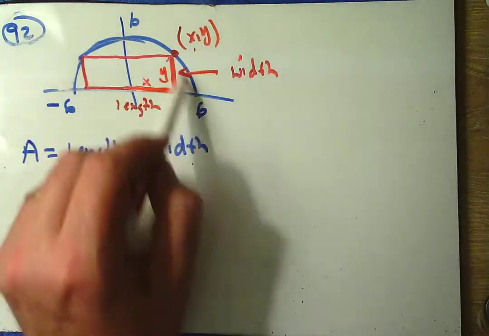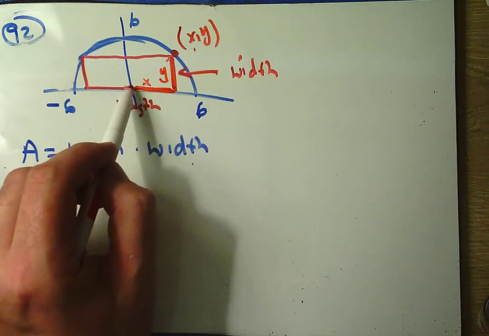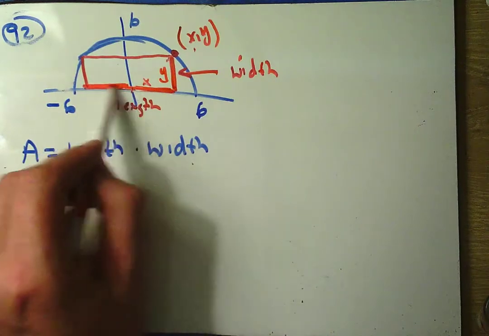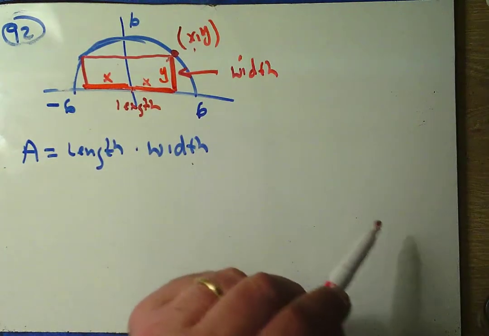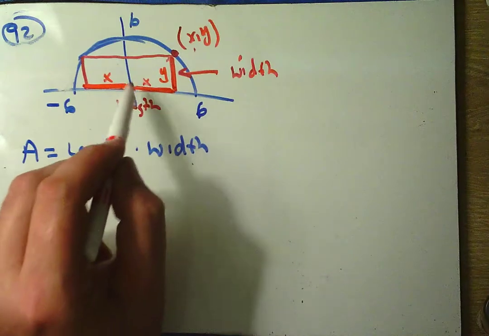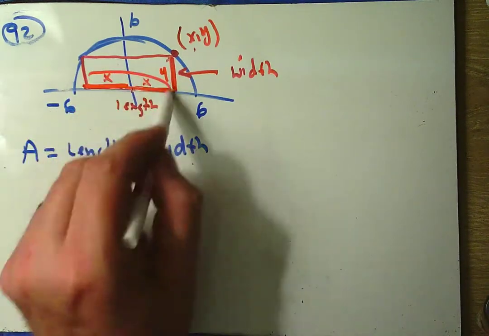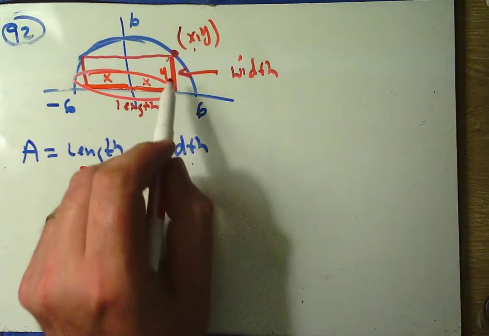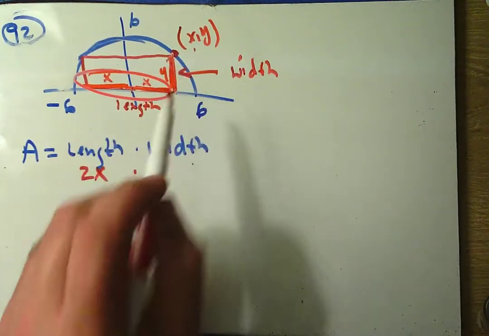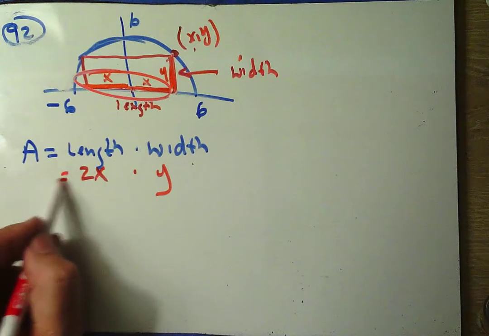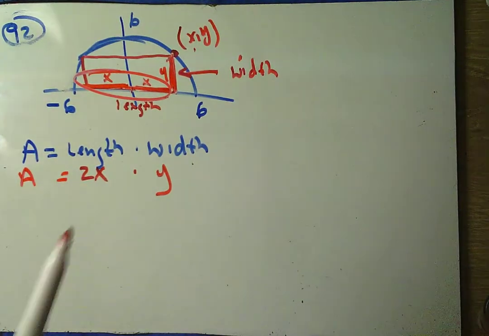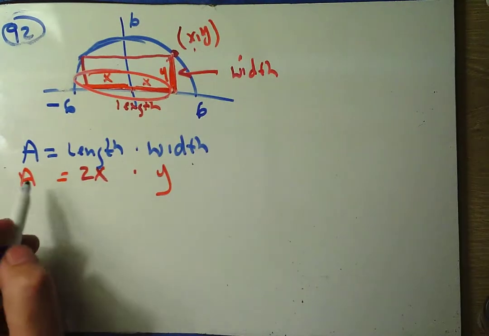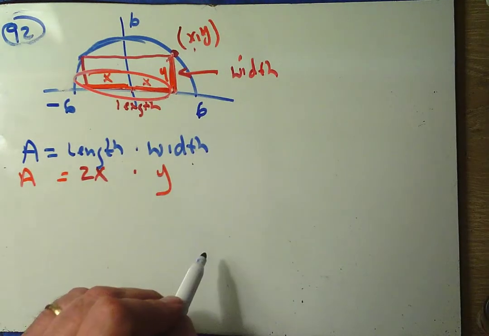I know that a semicircle centered on the origin is an even function with y-axis symmetry, so I know this distance over here is also going to be x. From this picture, I can see that the length is x plus x, or 2x, and the width, this amount here, is y. So now I say, well, is area a function of x? Well, not quite. Area is a function of x's and y's.